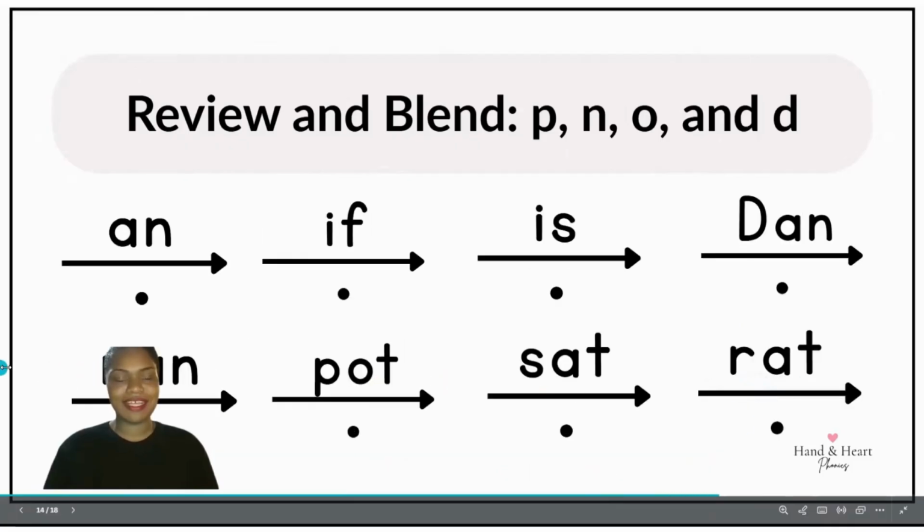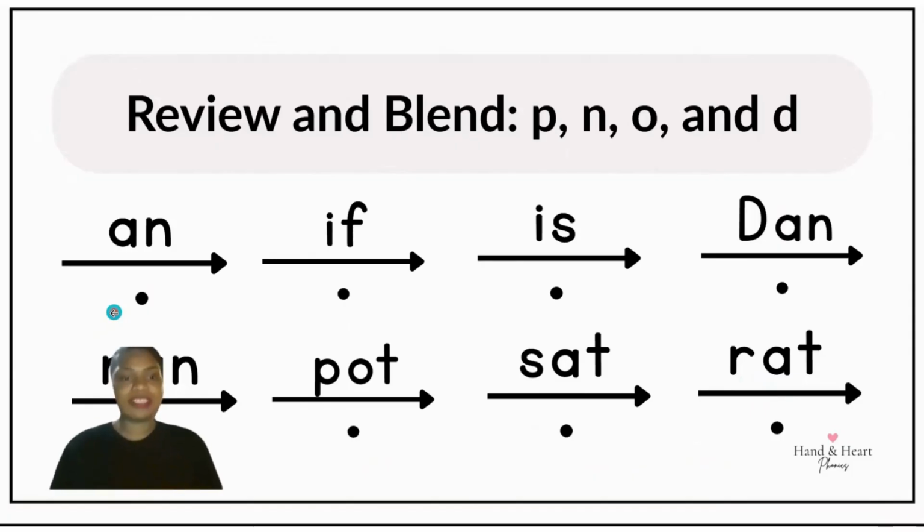Excellent. Now we're going to read these words the fast way. I'm going to read them first. We will read them together, and then you will read them by yourself. Get ready. And, if, is, Dan, ran, pot, sat, rat.